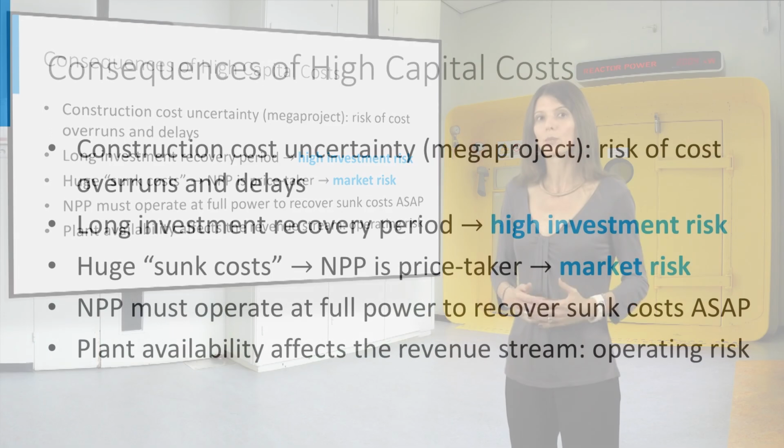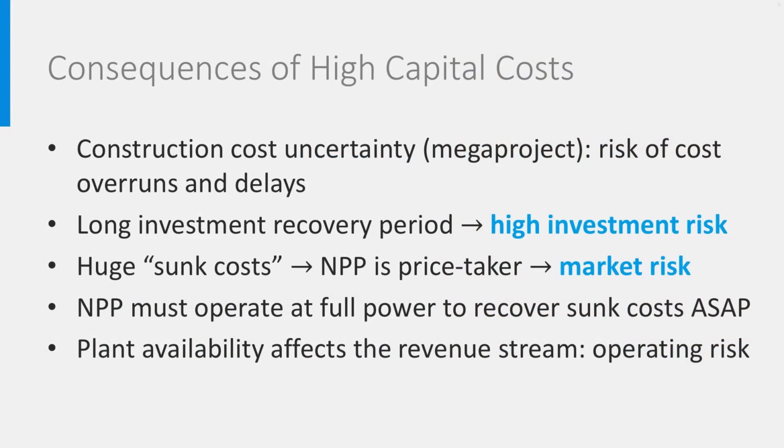This is why nuclear power plants are said to be price takers. Nuclear power does not play a role in setting the price on the electricity market, since it has to produce power at full regime and cannot play on flexibility like generation technologies that have predominantly variable costs.